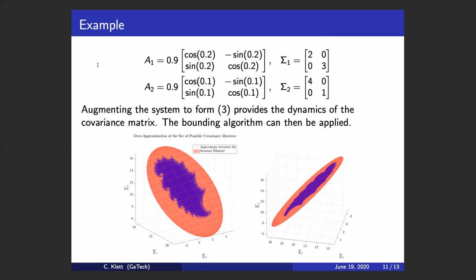For a two-dimensional system, there are 3 parameters in the state covariance matrix, and we simulate over a long time horizon how that will evolve. That's where we get the blue. Then we bound that with, in this case, a very flat ellipsoid, and the guarantee of the set of possible state covariances is provided by that ellipsoid.